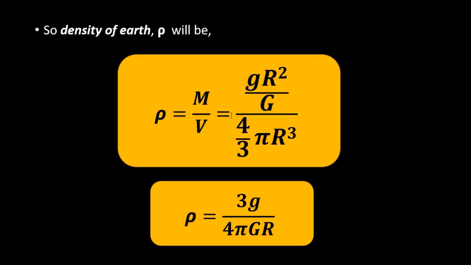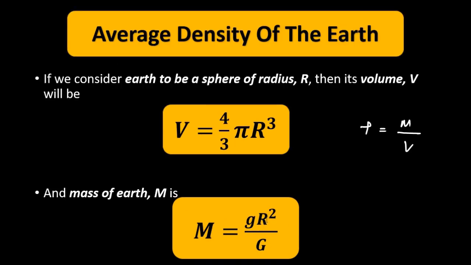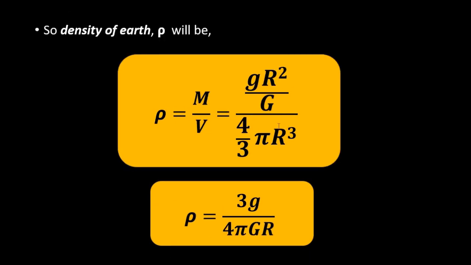So we'll substitute these expressions. For mass we'll write small g, capital R square by capital G, and for volume we'll write 4 by 3 pi capital R cube. So we have the expression of density of Earth, a very important expression, very important formula. Density of Earth is given by 3 small g by 4 pi capital G capital R. Small g is acceleration due to gravity, capital G is universal gravitational constant, R is the radius of the Earth.